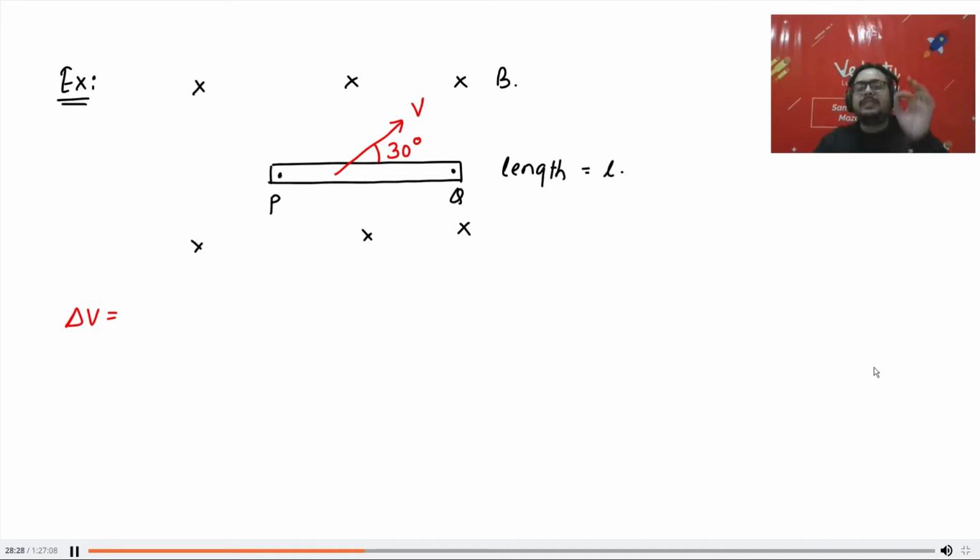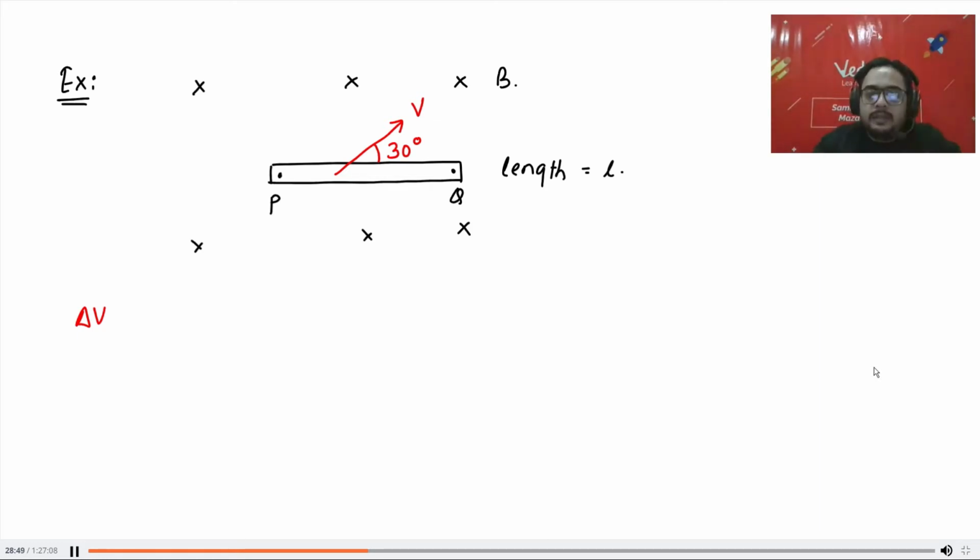Now just tell me, are all the three components perpendicular to each other or not? B, V and L, are all three perpendicular? Very good. They are not. Which one is not perpendicular? Length, velocity. Very good.